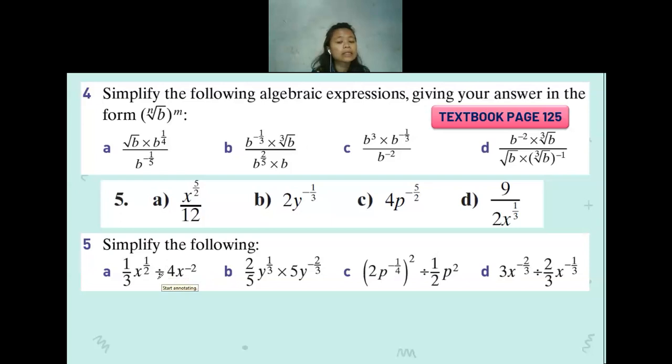The operation is division. So it means we can do one-third divided by 4. It will be equal to how many? One-third divided by 4. Anyone want to help me? How many is one-third divided by 4?